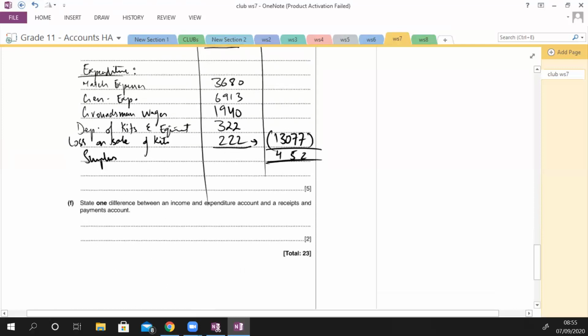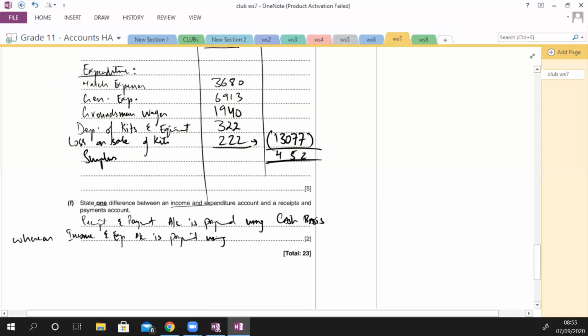One difference between the income and expenditure account and the receipt and payment account: the receipt and payment account is prepared using cash basis, whereas the income and expenditure account is prepared using accrual basis.